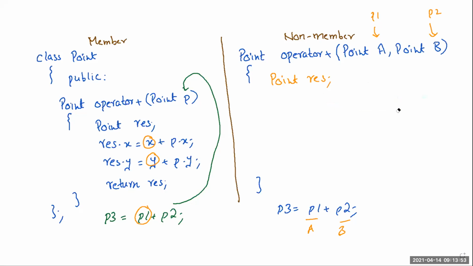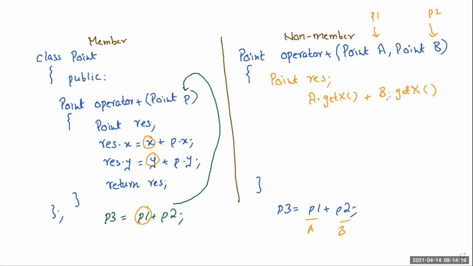So what do we need to do? We need to call the get function, which returns these values, right? As we always make get functions in a class. So rather than using a dot x, I will have to write a dot get x, right? It means you have a function getX in the point class in which you have written return x. Similarly here you will write b dot getX.